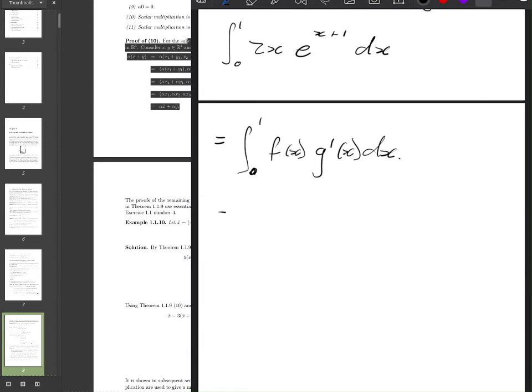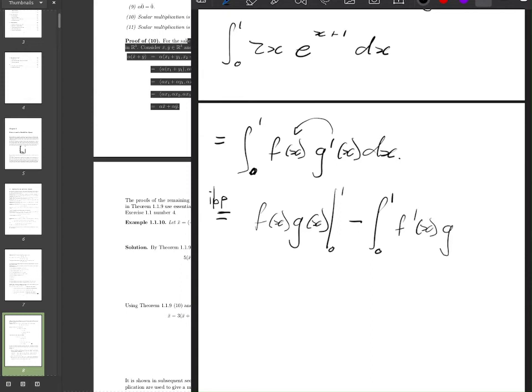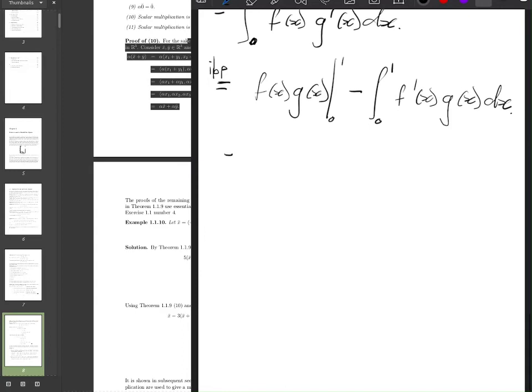We apply our integration by parts. What do we get? f of x g of x evaluated between the endpoints 0 and 1 minus the integral from 0 to 1, and now with the derivative transferred to the other function, f prime of x g of x dx. Okay, and now we just substitute everything back and we see if we get something that is actually simpler.